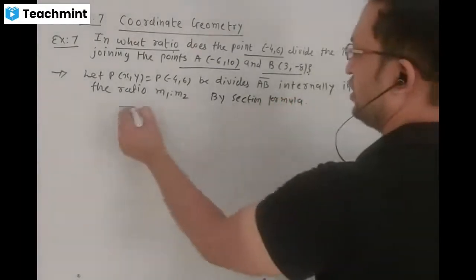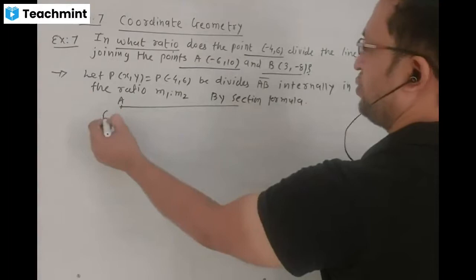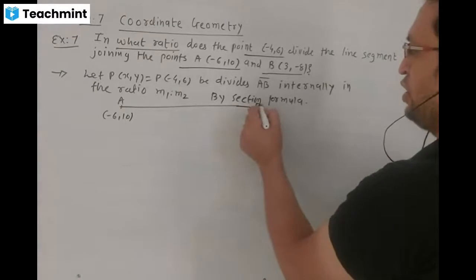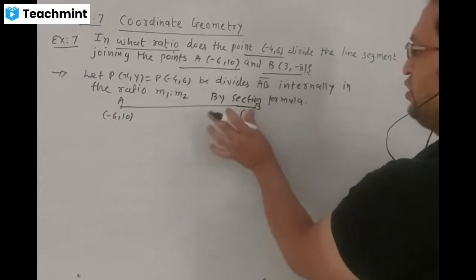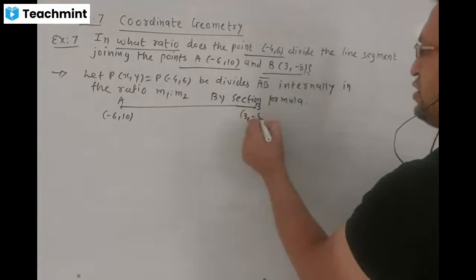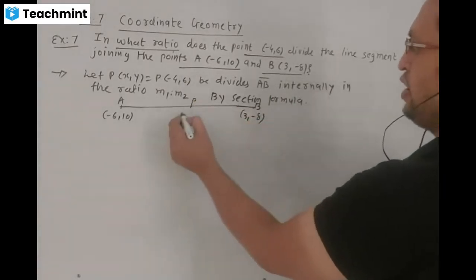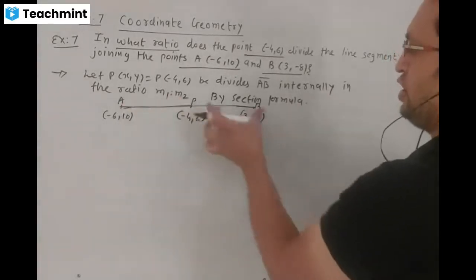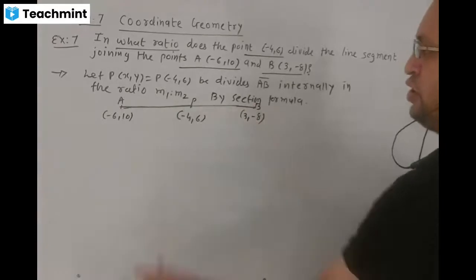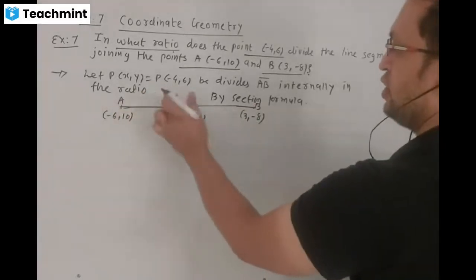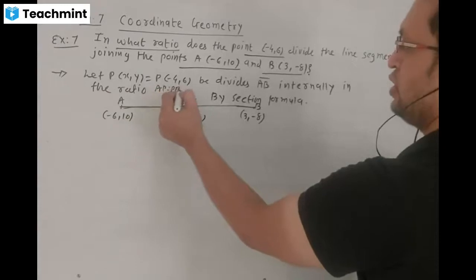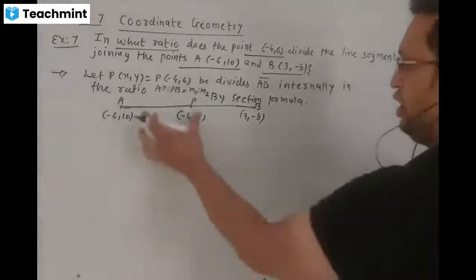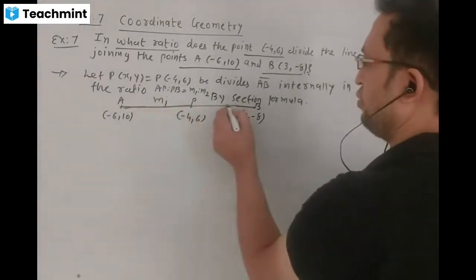Here in this figure, A is the point (-6, 10), that is x1 y1, and B is another point, x2 y2, that is (3, -8), and P divides it at the point (-4, 6), and the ratio AP to PB is equal to m1 to m2. Find the ratio m1 to m2.